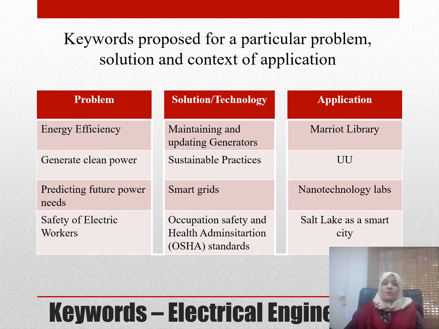Some of the solutions, maybe you've been talking about maintaining and updating generators. So maybe energy efficiency has been jeopardized because the systems which are the sources of energy have not been properly maintained. So maybe you have to think of certain other prototypes. You may be thinking of certain other protocols through which the maintenance and updating of those power generators may be enhanced. So what are the existing solutions through which this thing has already been happening?